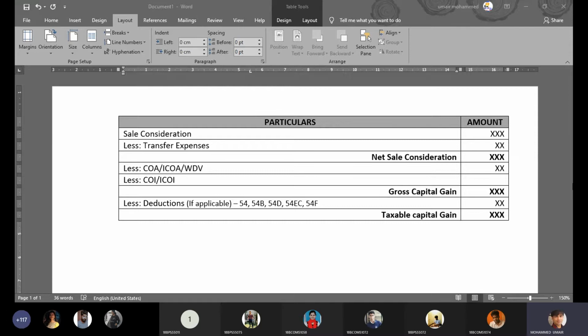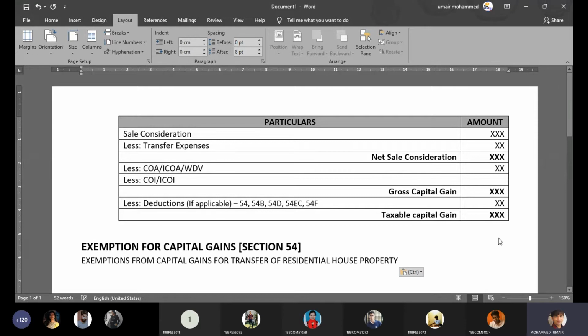Now, to begin with, I want to tell you the secret as to what is common in all these sections, because you shouldn't get carried away by looking at these sections and think it's quite complex to remember or understand. In fact, they are quite easy and simple to remember and understand. So what do you have common in all these sections? Let me reveal the commonality in all these sections.